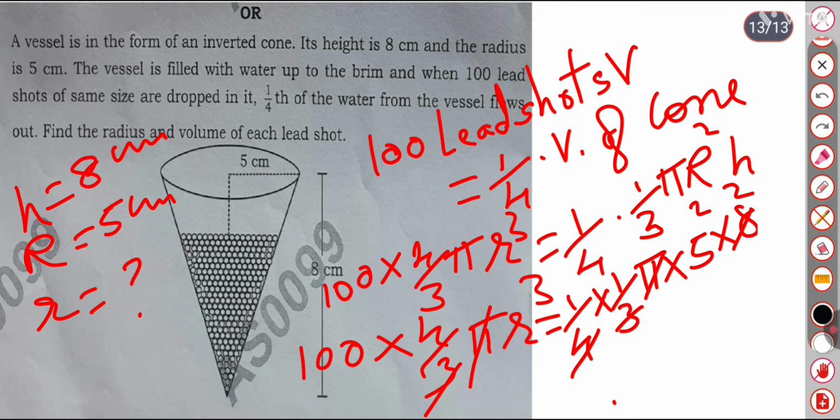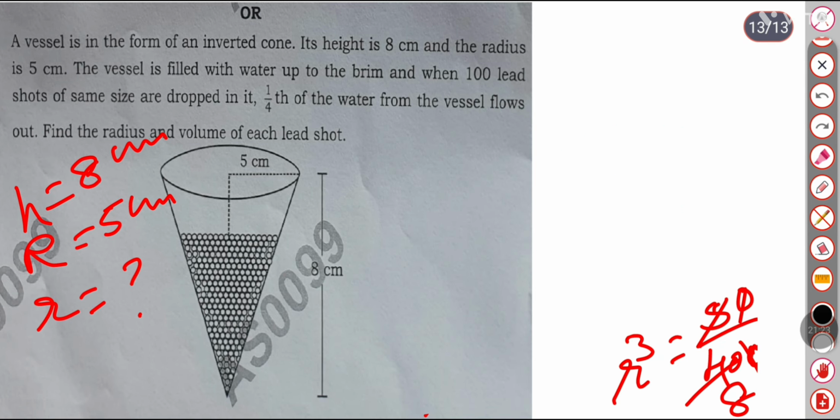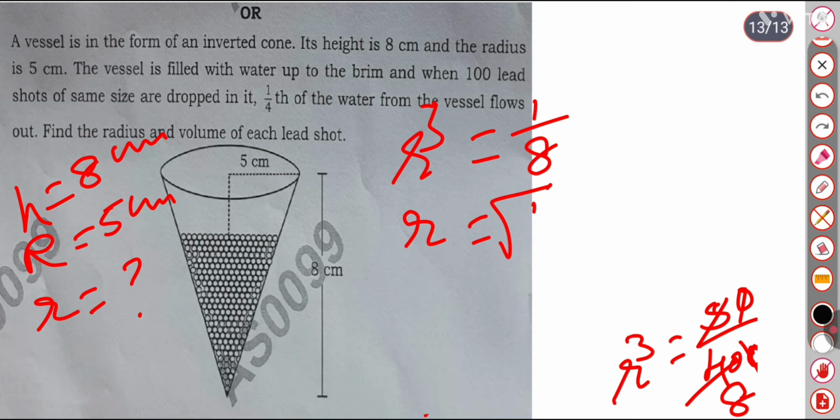So r cube is equal to, 5 times 5 is 25, 25 times 2 is 50, 50 by 400. So the 0s cancel, 5 ones are 5, eights are 40. So r cube is 1 by 8. Then r is the cube root of 1 by 8, which is 1 by 2.